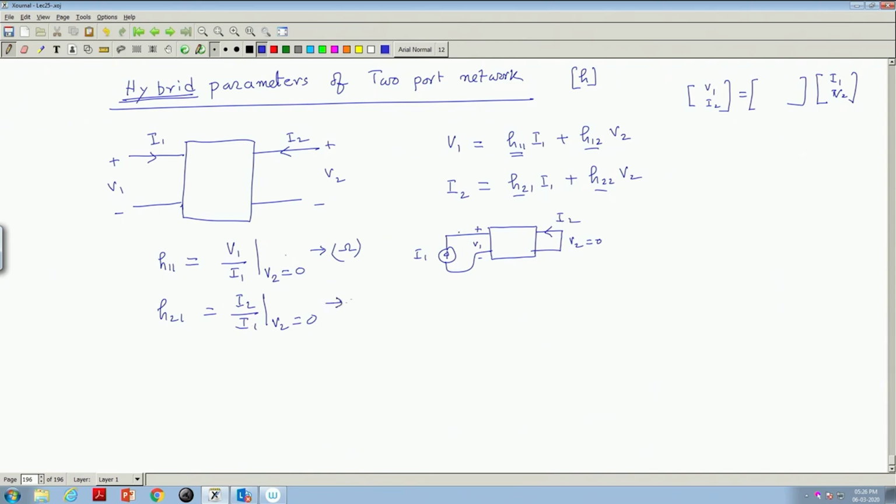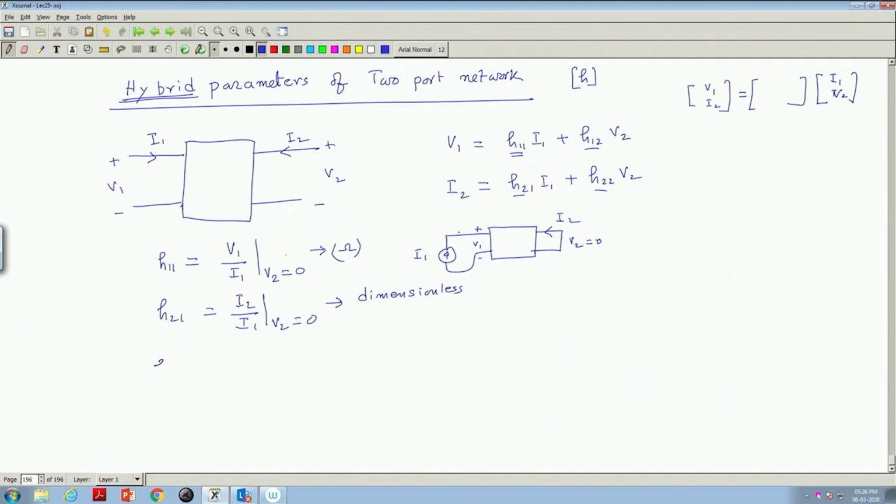H21 is dimensionless. In fact, it is a current amplification sort of thing, I2 by I1; it tells you about that when the secondary is shorted. So, this is H11, H21.